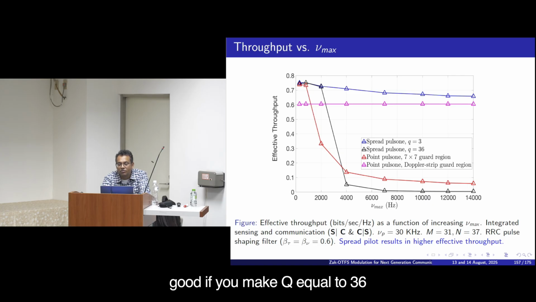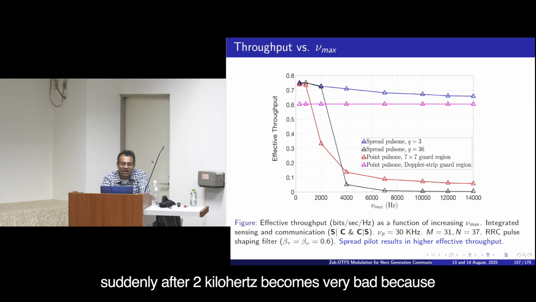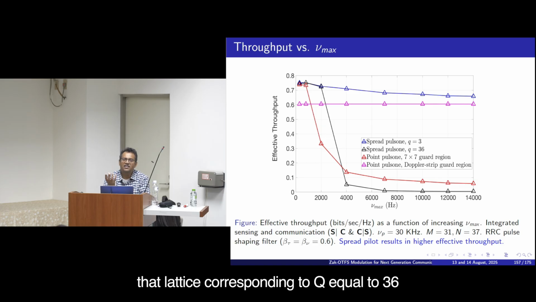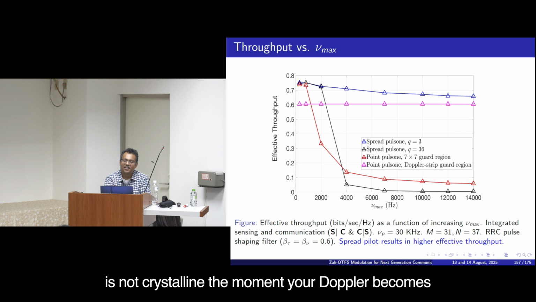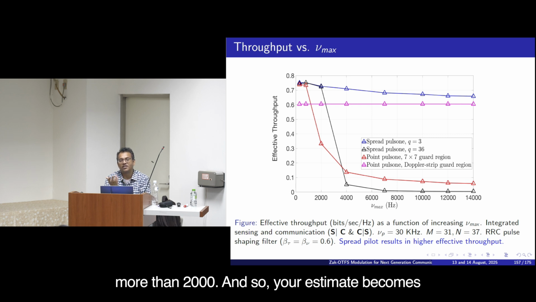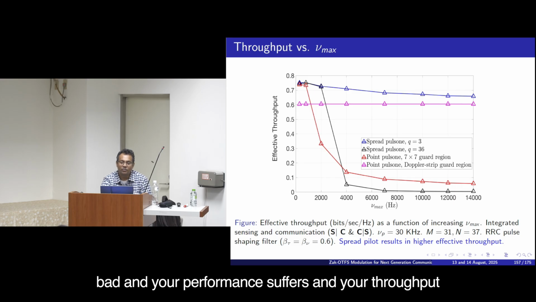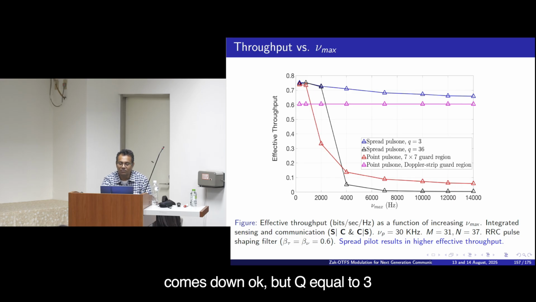If you make q equal to 36, the black, you see what happens is bad. Suddenly after 2 kilohertz it becomes very bad, because that lattice corresponding to q equal to 36 is not crystalline the moment your Doppler becomes more than 2000, and so your estimate becomes bad, your performance suffers and your throughput comes down. But q equal to 3 is just good.